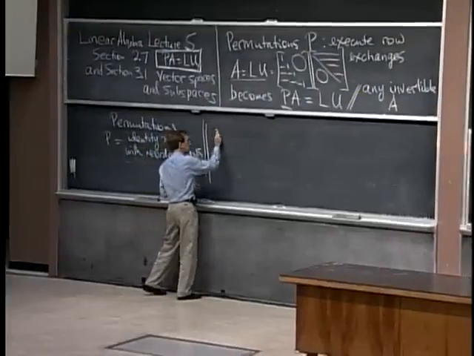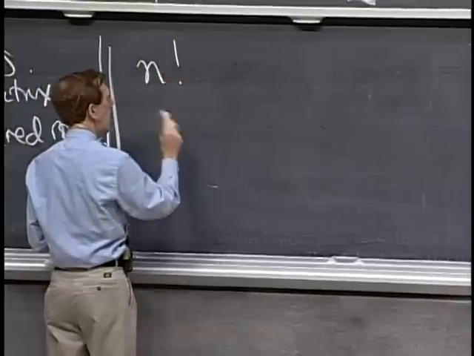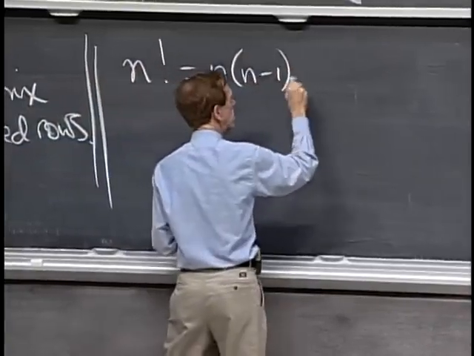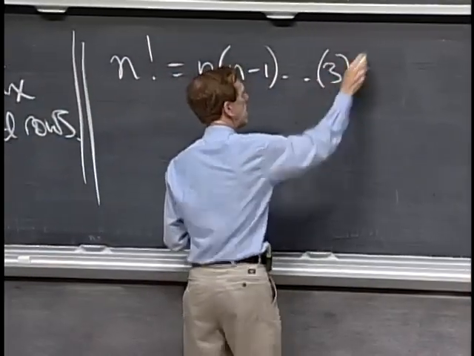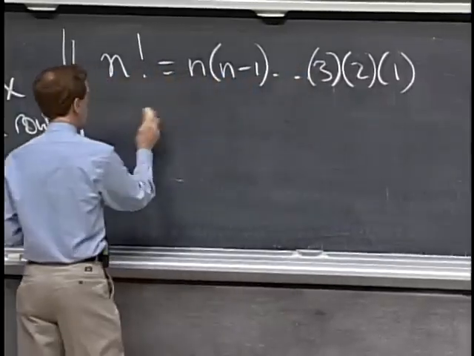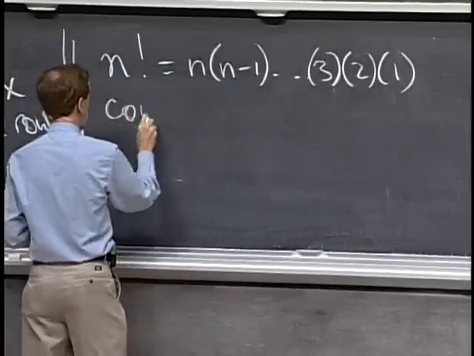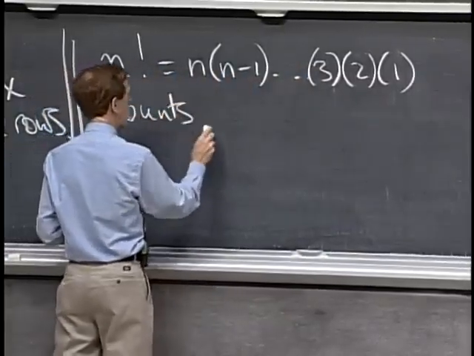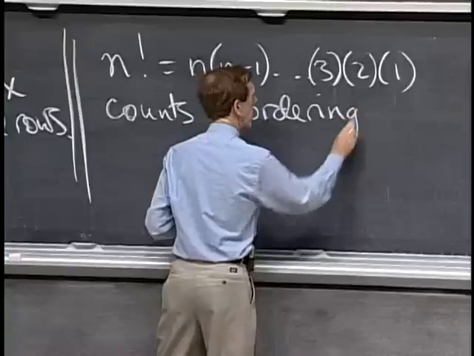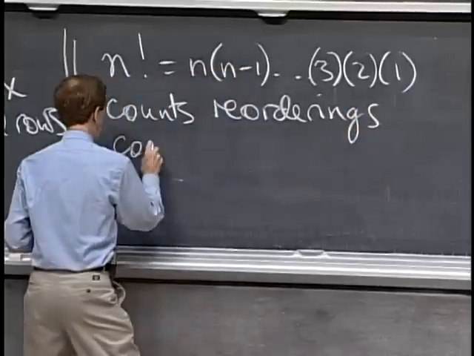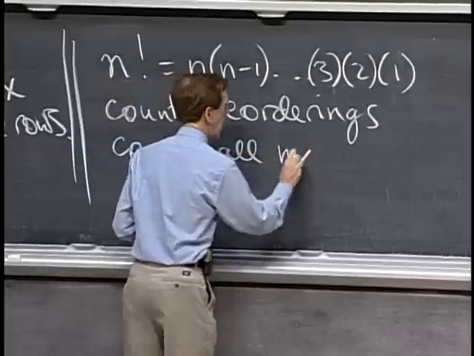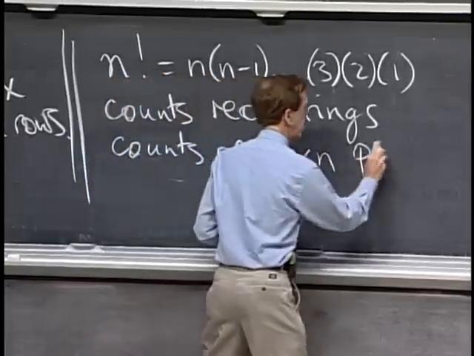The answer was n factorial. This is n times n minus 1 times n minus 2 times down to 3 times 2 times 1. That counts the possible reorderings, all the n by n permutations.